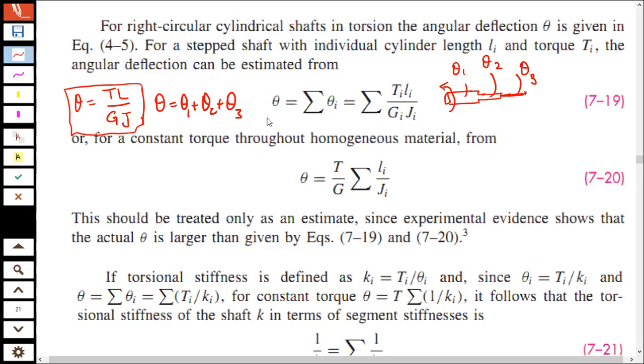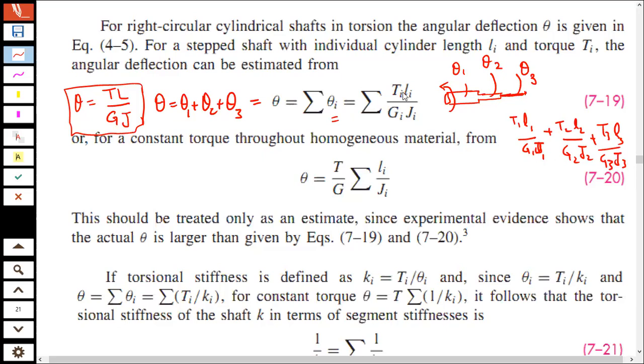And I can write this as theta equal to the sum of theta i, which is TiLi over GiJi. So that will be T1 L1 over G1 J1 plus T2 L2 over G2 J2 and plus T3 L3 over G3 J3.